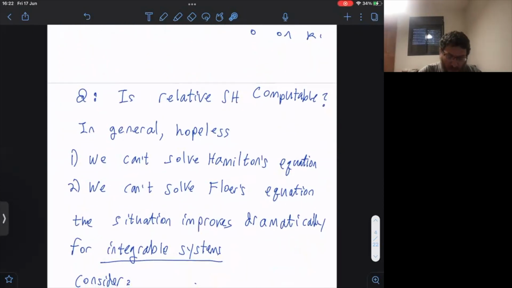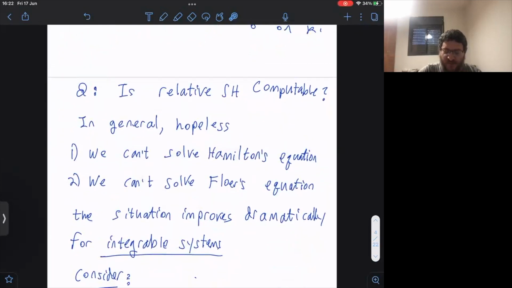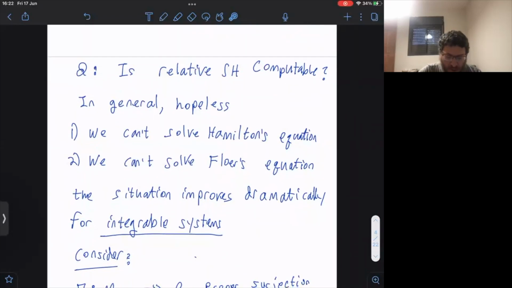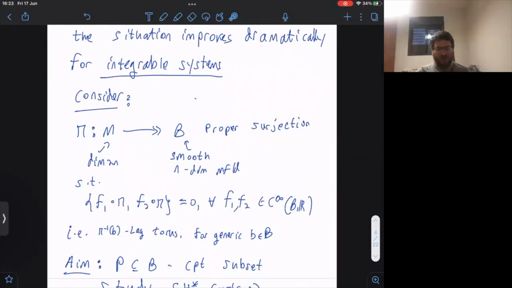And in fact, that's the subject of the talk: if you consider the case of integrable systems, then this problem of computability becomes a lot more tractable. So we want to consider the situation of integrable systems. We have our symplectic manifold that we fixed before.